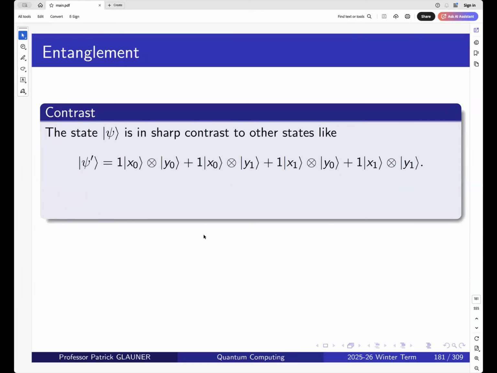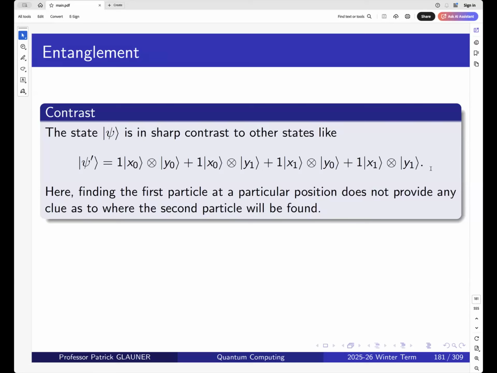Not all states are entangled states. Like for example, we have a psi prime ket for which I have a 1 in each of these positions. Then, if I measure the first particle in x0, I have no information about the second particle. I would need to separately measure the second particle. But with entangled states, if I measure the first particle, the second particle gets measured automatically as well.